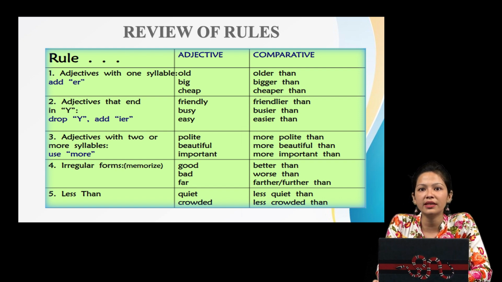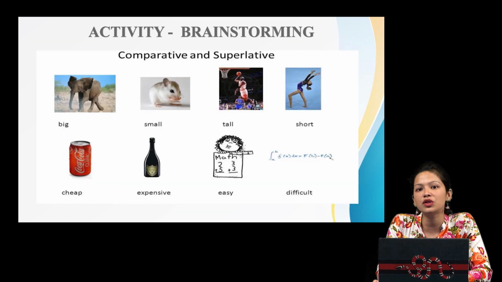So there are some adjectives given below and some comparatives given aside, okay. Now see the activities, just brainstorm your mind, comparative and superlative. You can see the elephant is big, the rat is small. See, there are words tall, short, cheap, expensive, okay, likewise easy and difficult also.